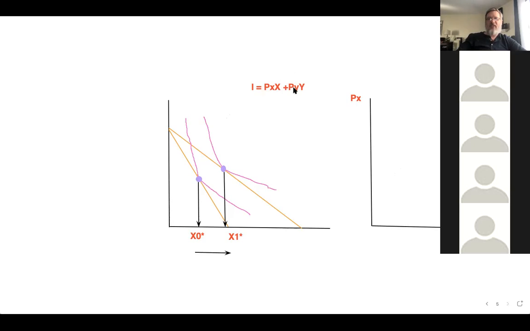Remember, each of these purple points corresponds, and maybe I should make one of them a different color. Maybe that would help. So let me do that. Get rid of the purple one, and I'll make it dark blue.